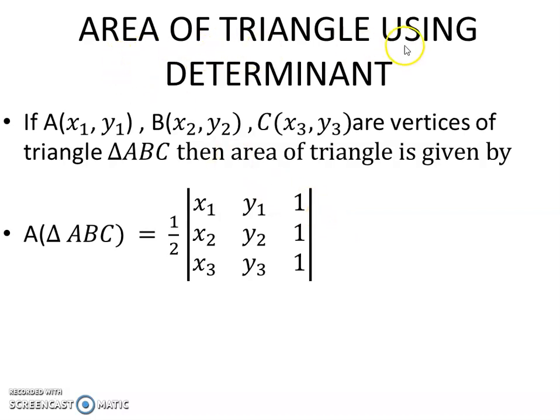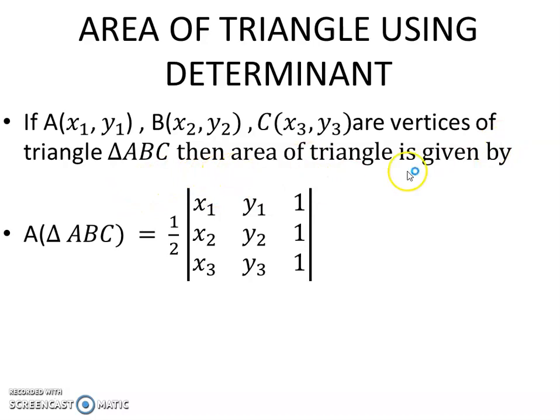Area of triangle using determinants. Most probably the points are given in the form of x comma y, so we take A as (x1, y1), B as (x2, y2), and C as (x3, y3), the vertices of triangle ABC.